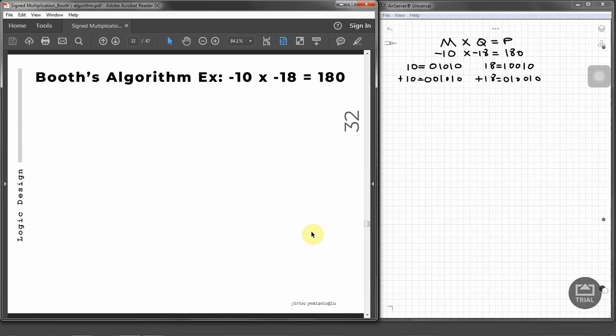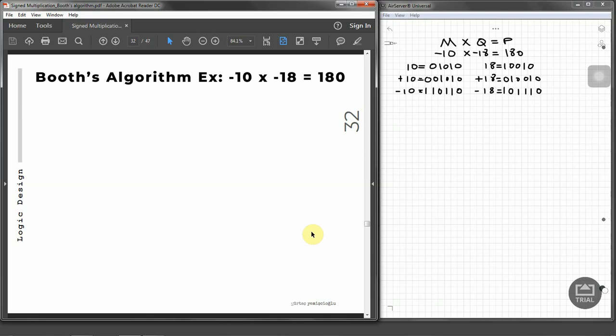So now we have got two 6-bit numbers, and we can take the 2's complement of that. So minus 10 is equivalent to 1 1 0 1 1 0, and minus 18 is equivalent to 1 0 1 1 1 0. Now we have got the 2's complement version of these numbers as well.